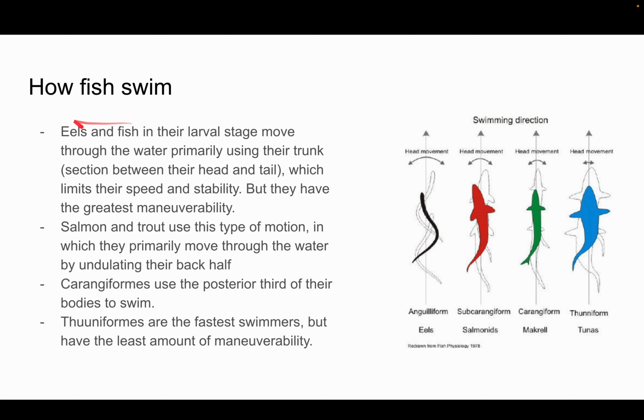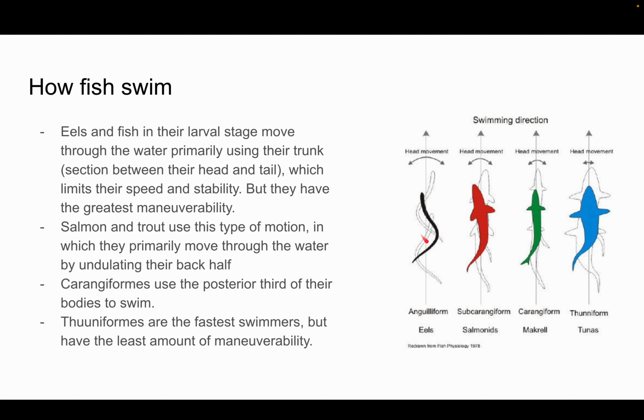Right? So how fish swim. Eels and fish in their larval stage, because larval stage fish kind of look like little tadpoles, have that shape. So eels and fish in their larval stage move through the water primarily using their trunk. So the trunk is the section between their head and tail.